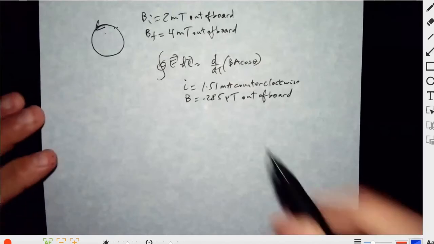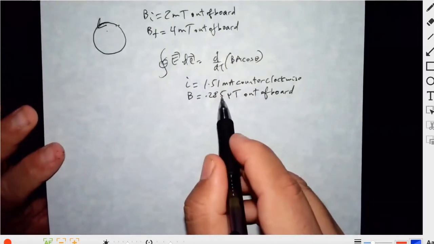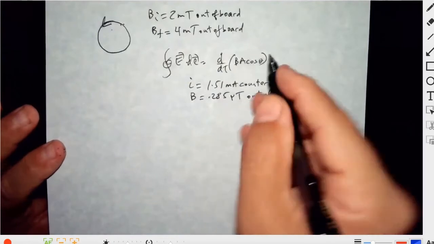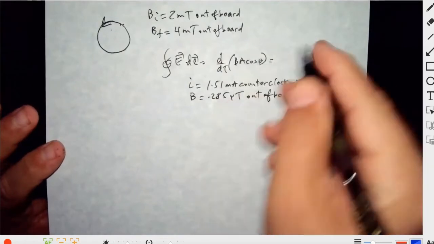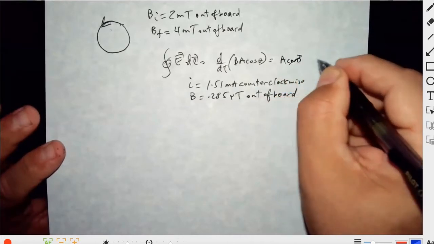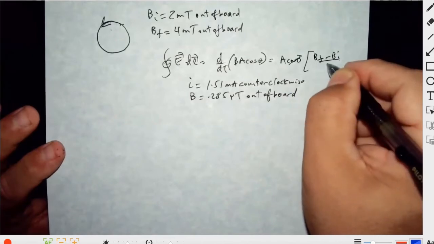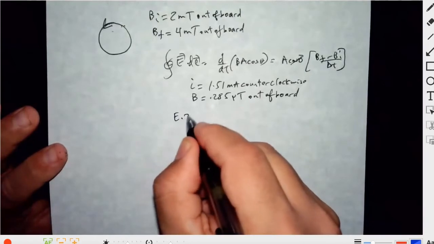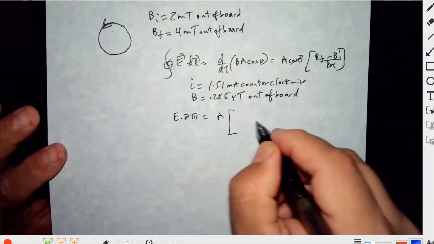Imagine that you have this scenario and you say, okay, it's not that noticeable. But now if you redo the calculation, cosine 0, and then you have B final minus B initial over delta T, so E times 2 pi R is equal to that.